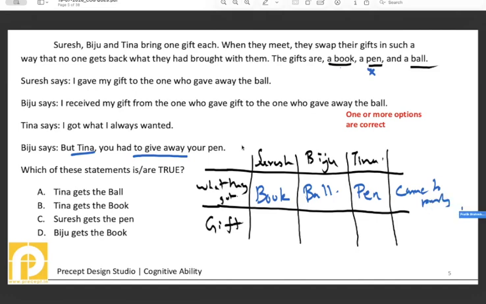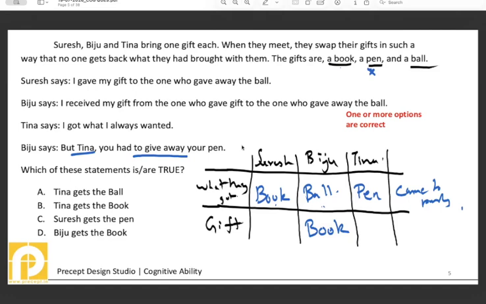Okay, this is the combination that they brought with them. Suresh gave his gift to the one who gave away the ball. Suresh brought the book. The ball is given away by Biju, which means Biju would have got the book. Biju gives away his ball to somebody else.